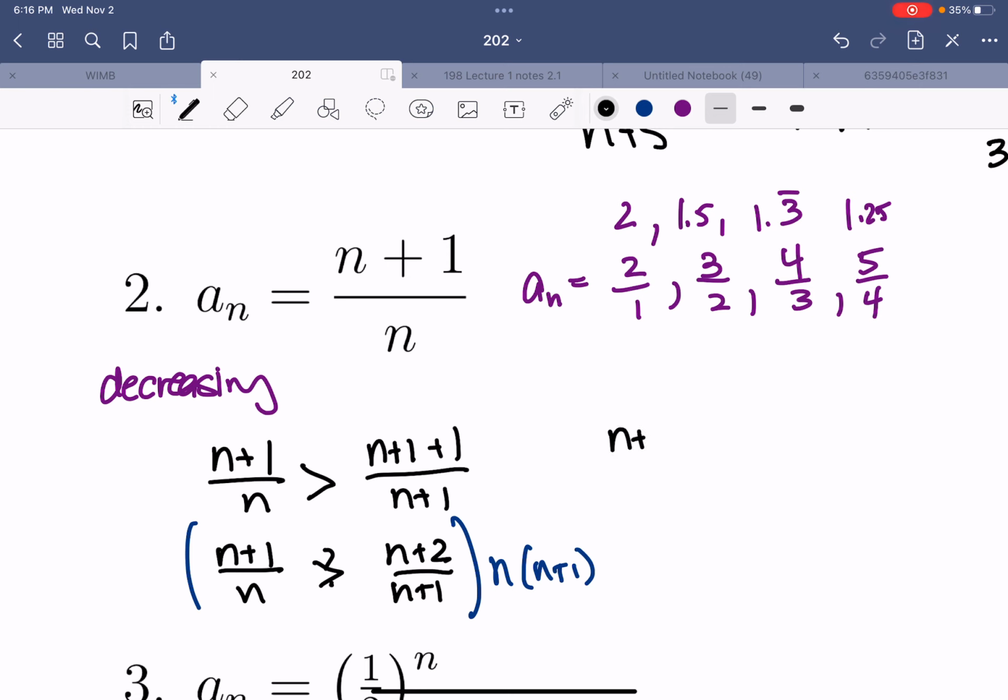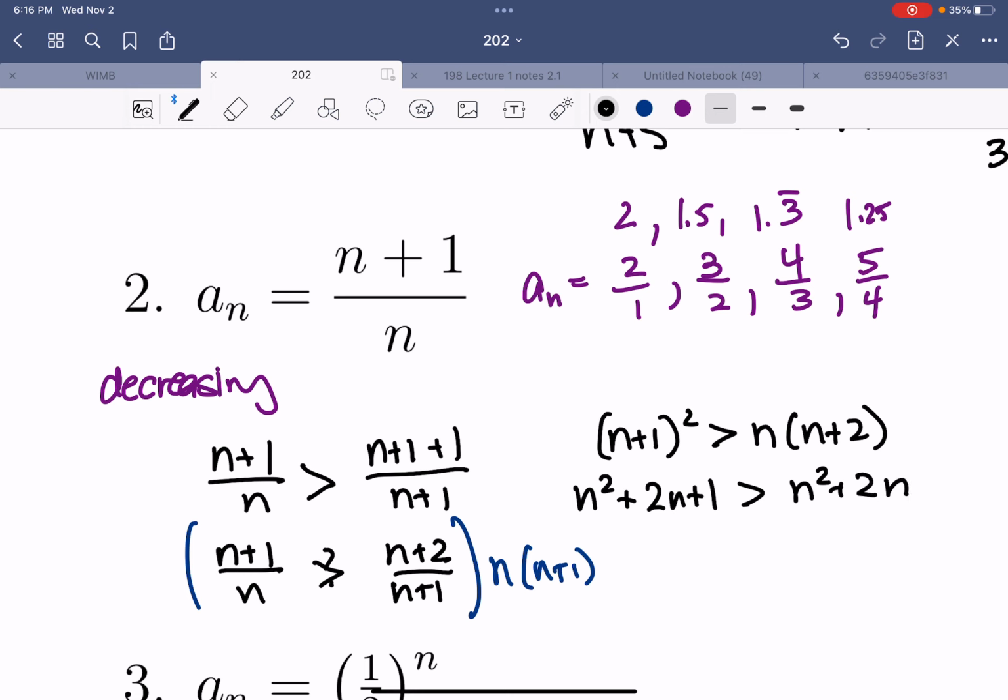You get n plus 1 squared being greater than n times n plus 2. Okay, well, this is n squared plus 2n plus 1, and this is n squared plus 2n. So if you subtract off n squared and 2n from both sides, you get 1 is greater than 0, which is absolutely true. So we can say, yes, it is in fact decreasing.